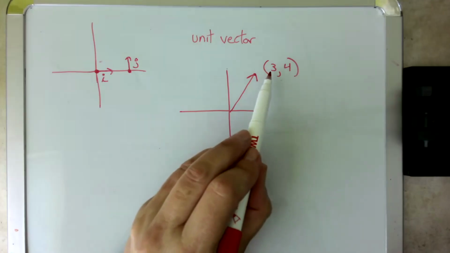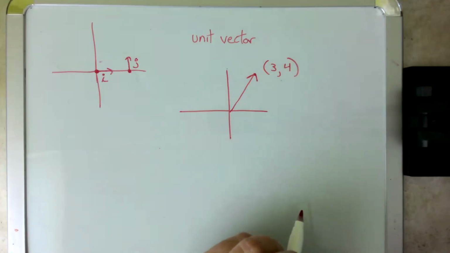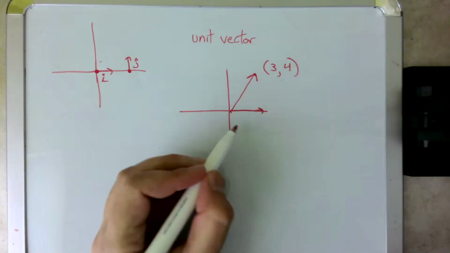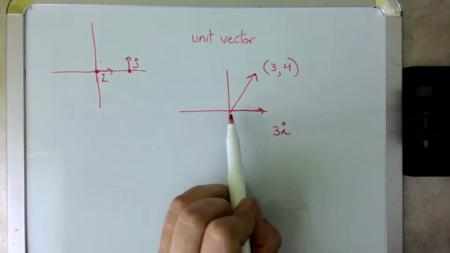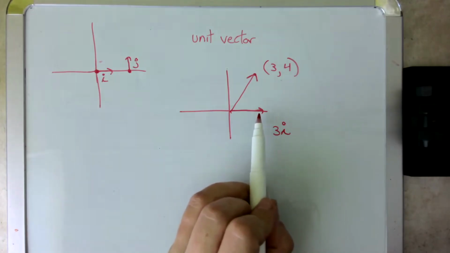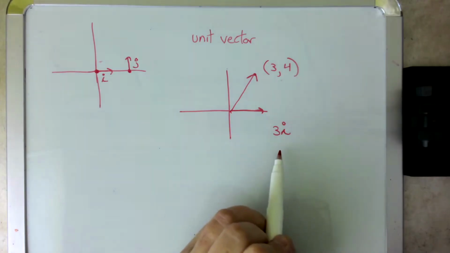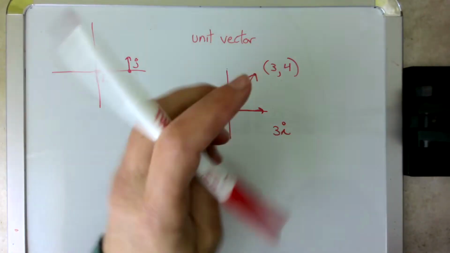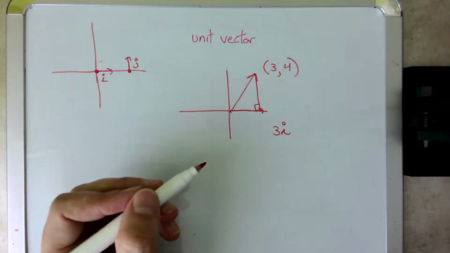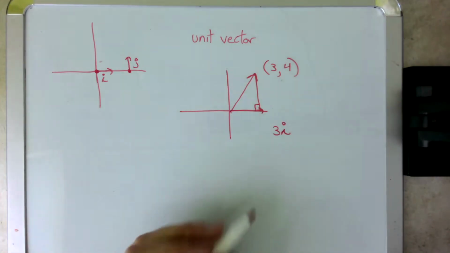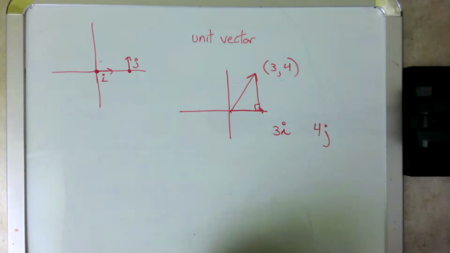Well, that 3 means that it moved 3 units in the x direction. And since each unit in the x direction is an i, this x component vector would be 3i. Then if we know that it terminated at 4, that means it moved 4 units in the y direction. So that would be 4j's.